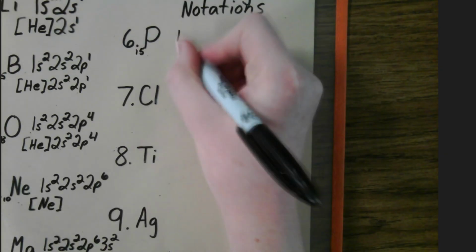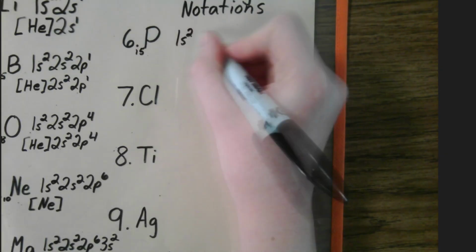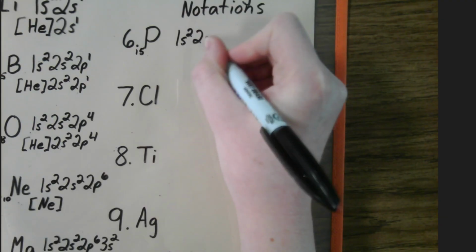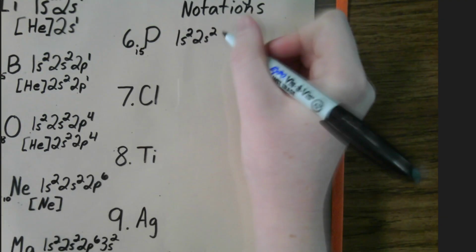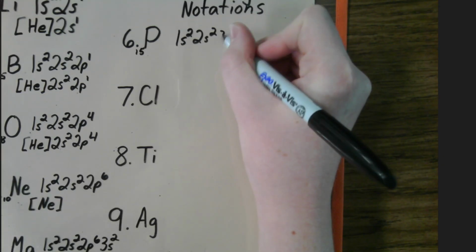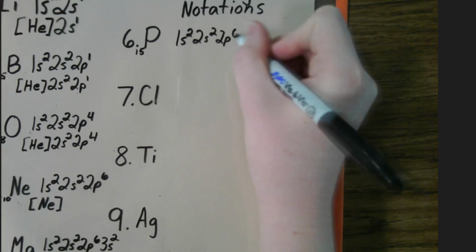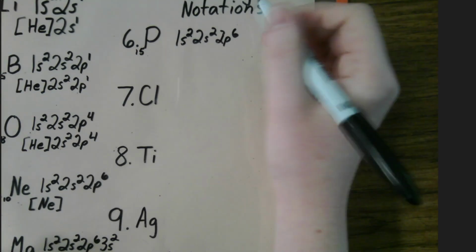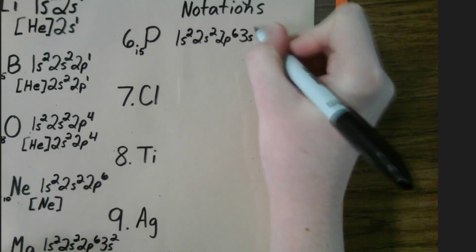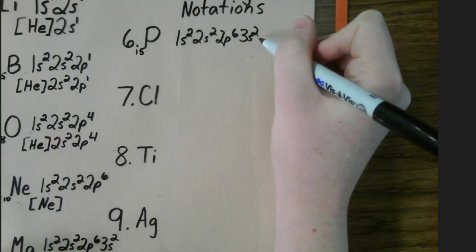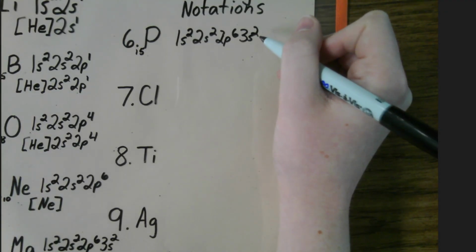We always start with 1s, so we're going to do 1s2, 2s2, there's 4 of the 15, 2p6, there's 10 of the 15, 3s2, there's 12 of the 15, but we need to keep going.